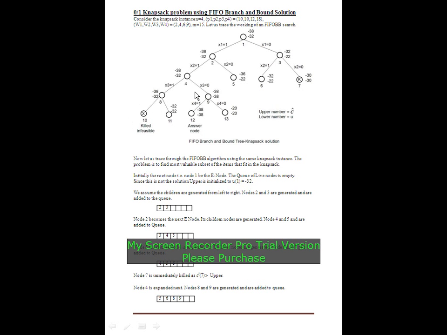Adding this, the size may be increased. Next, these are further expansions for each node. So when I am considering x1, this is the node. When I am considering x2, not considering x2. When I am not considering x1, but considering x2, but not considering x2.